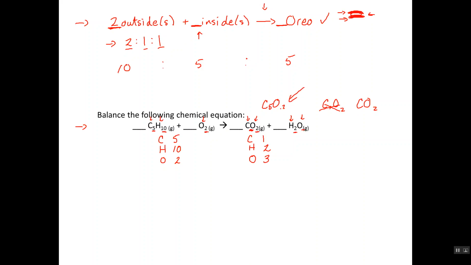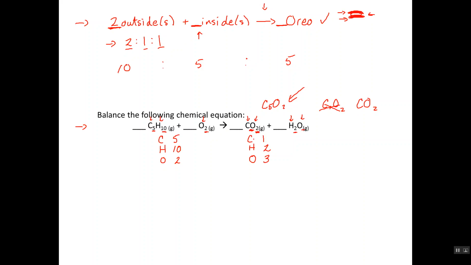C5O2 is not the same thing as CO2. In fact, C5O2 doesn't actually exist, but it would be a completely different chemical than CO2. So we can't ever change the subscripts down here because that would change the chemicals that are there.